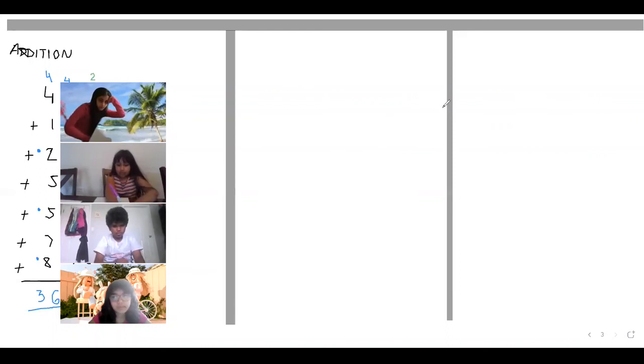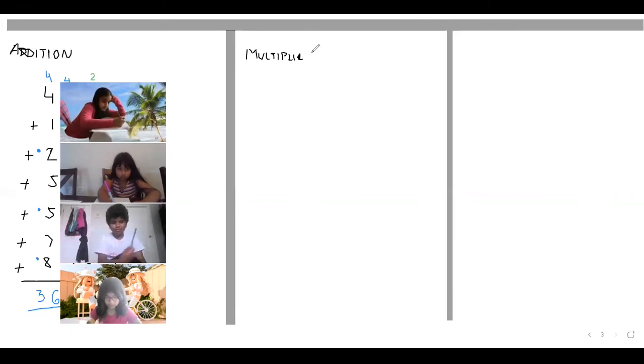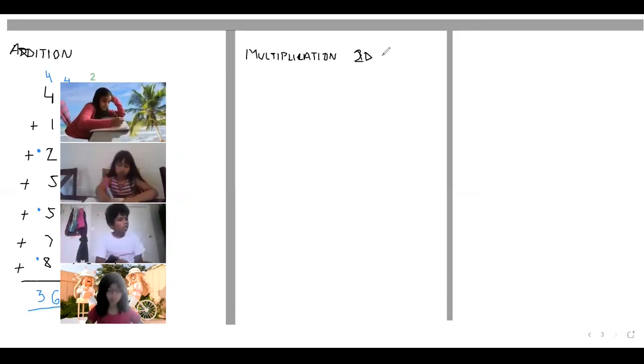Okay, the last technique to be revised is multiplication. My favorite. Multiplication 2 digit into 2 digit.